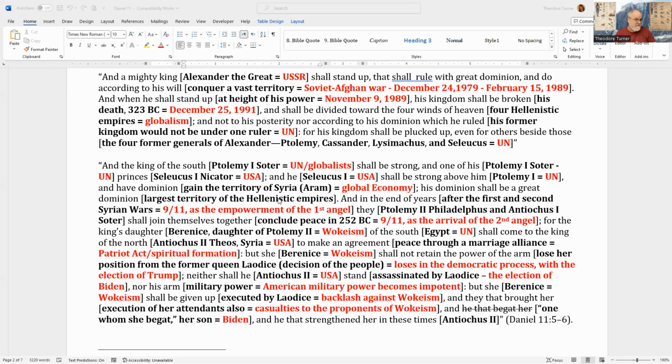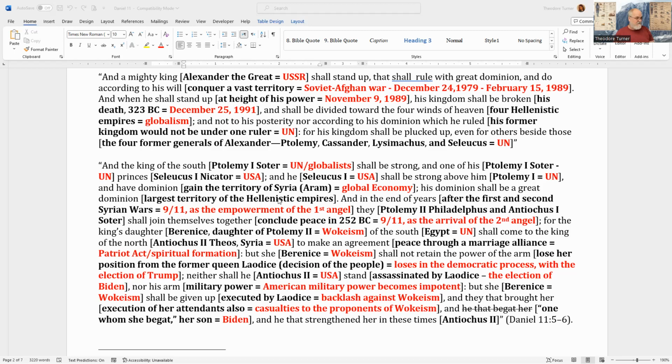But yet, we can say that this whole kingdom of Alexander Greece also represents the globalists. That is, the Greek kingdom represents the globalists. So the fact that the king of the south now takes this characteristic, that is, the UN takes this characteristic.